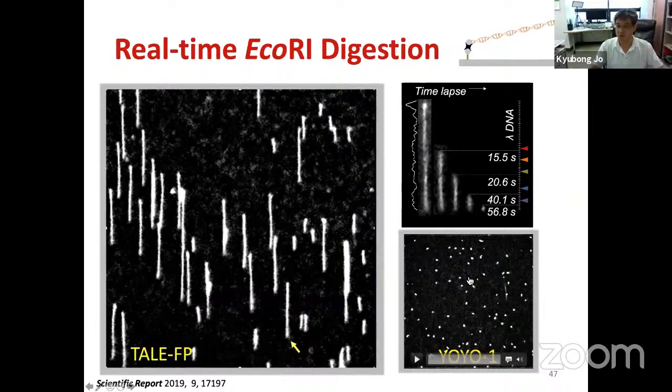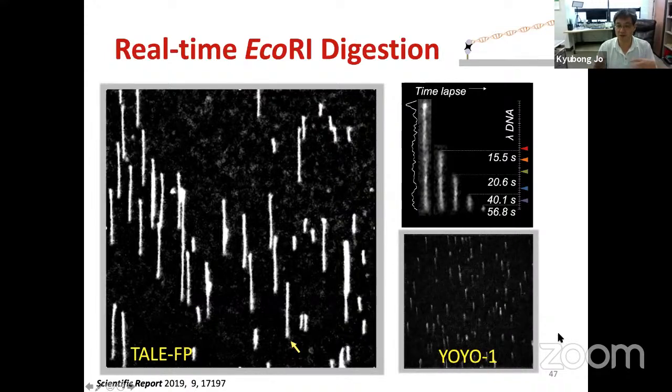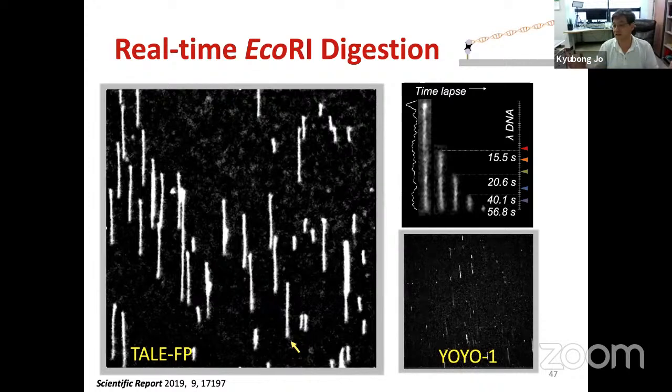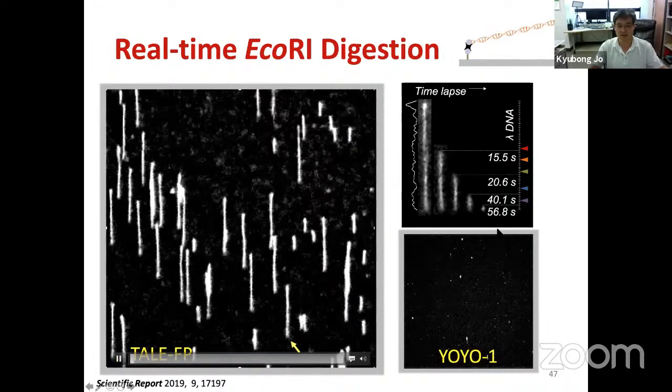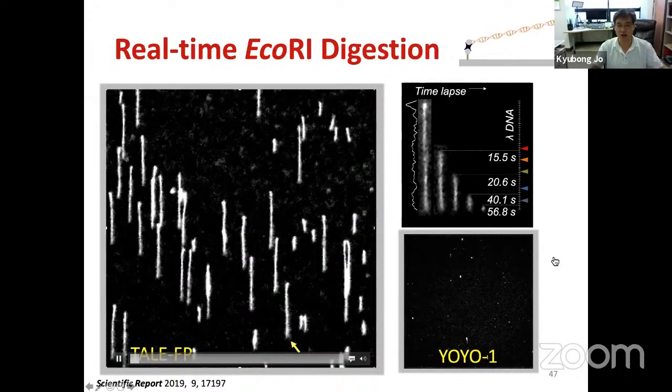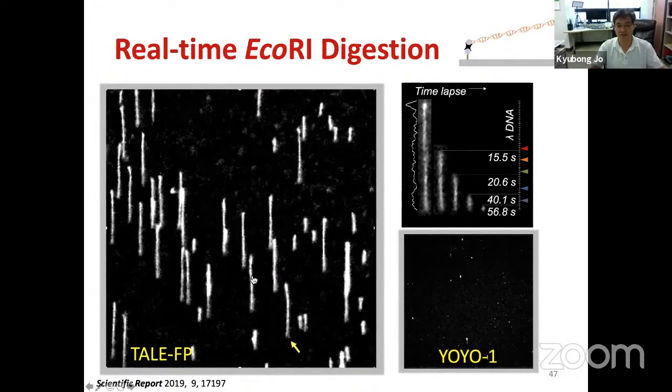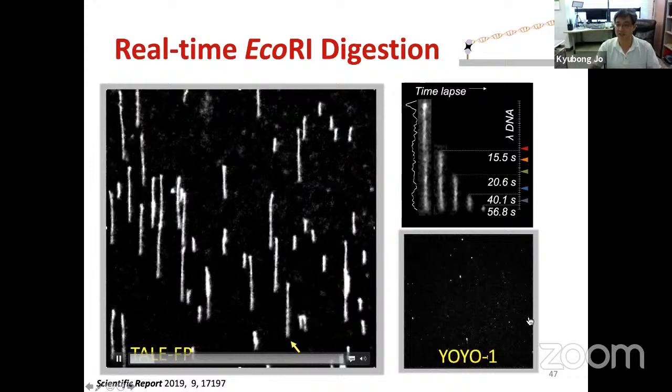Previously, we used YOYO-1 and wanted to visualize DNA digestion using YOYO-1 stained DNA molecules. However, when we loaded EcoRI, the DNA molecule simply disappeared. That is like photocleavage. Compared to that, we used the truncated TALE-FP on this DNA molecule and added EcoRI, and there is some digestion, but the digestion is not random.